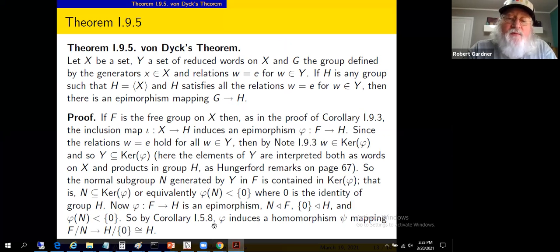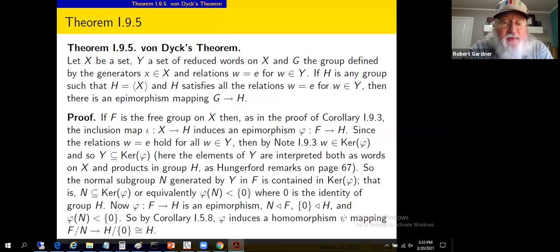So corollary 1.5.8 says phi induces a homomorphism psi mapping one quotient group into the other quotient group. F mod N into H mod the trivial subgroup. G mod N into H mod M in the notation of corollary 1.5.8. And this is exactly the conditions we needed. So that's why this little statement here. So that gives us the existence of the homomorphism we saw in corollary 1.5.8.